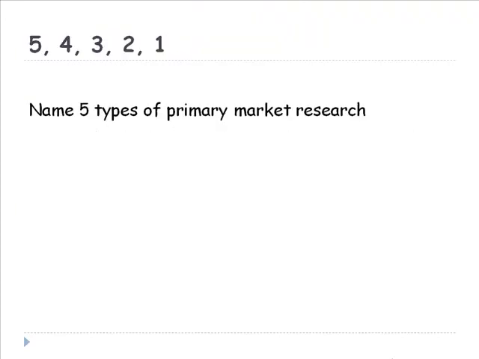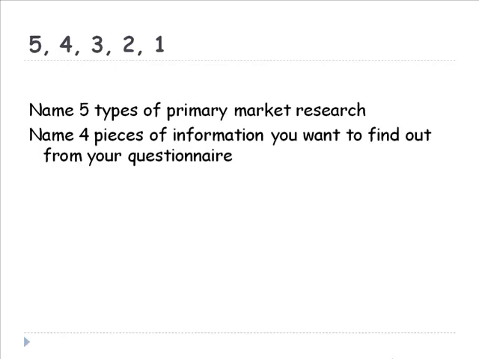Just to recap, five types of primary market research: you've got questionnaires, interviews, face-to-face interviews, telephone interviews, focus groups, and votes. Four pieces of information you may want to find out from a questionnaire: what people would pay for it, whether they like it or not, if there's any competition, if there are similar companies that already sell the product, and how far they travel, for example, to buy a product.